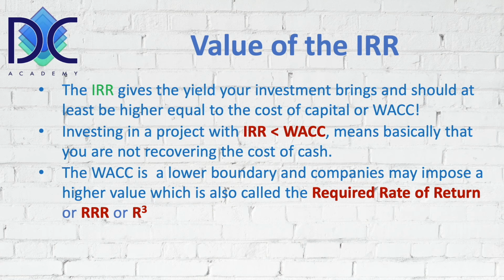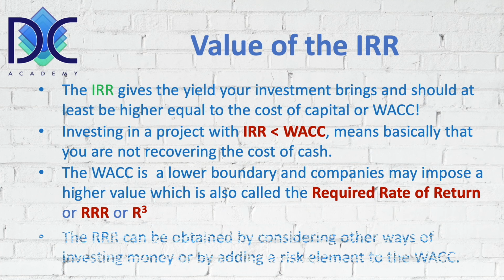Then we talk about the required rate of return, or RRR, sometimes also triple R. When we get the IRR and compare it with the WACC, and we are not within the conditions defined within the company, we may have to find other ways to invest our money or to select a different investment or project.